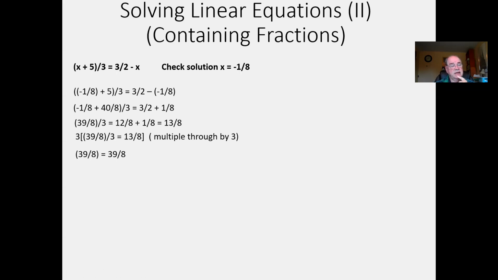It's exactly the same idea. I'll get rid of that 3 because 3 times 39/8 over 3 is 3/3 times 39/8, which leaves me with 39/8. And 3/1 times 13/8 is 39/8. And I have an identity, and I can stop.